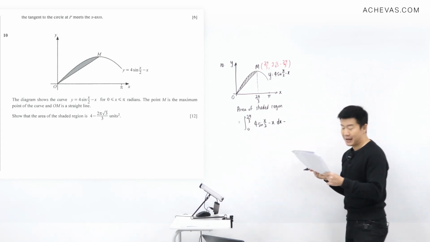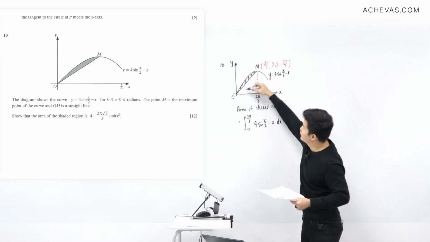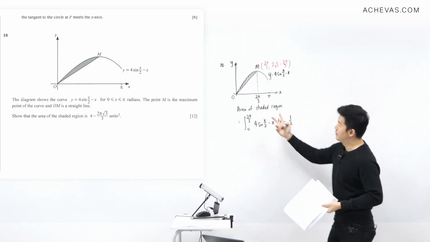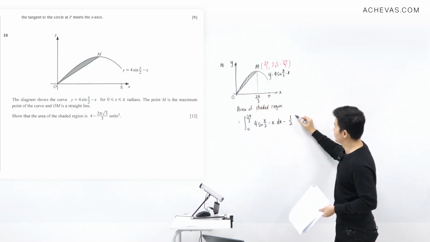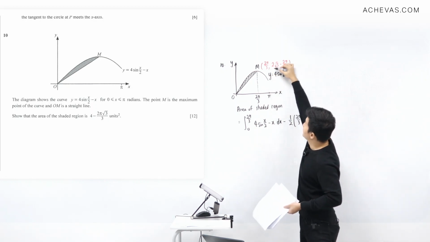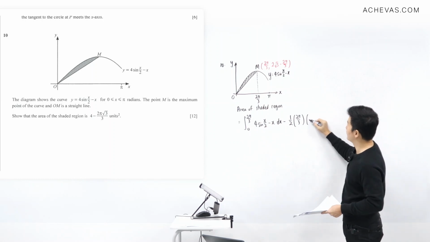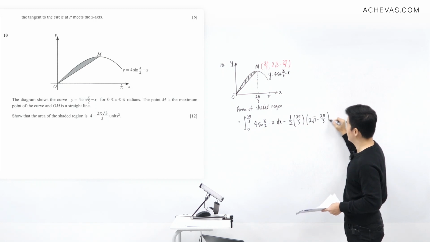Then I will minus away the area of this triangle, which is going to be half times base times height. The base is going to be 2π/3. The height is going to be the y coordinate of the point M, so for the height, I'm going to write down 2√3 minus 2π/3.